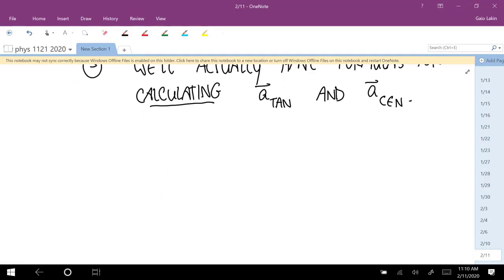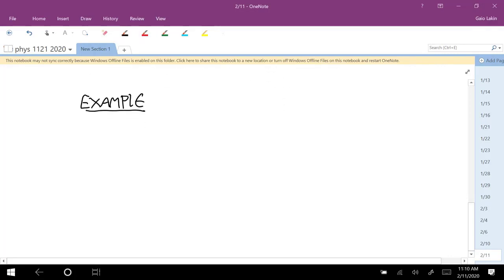All right, so before I start getting into the calculations, let's think about an object that's moving in a circular path like this.